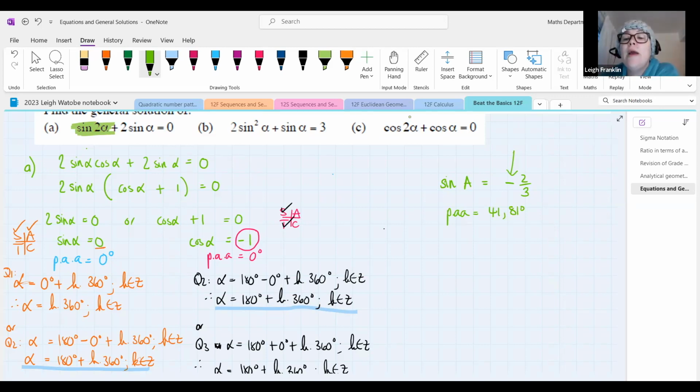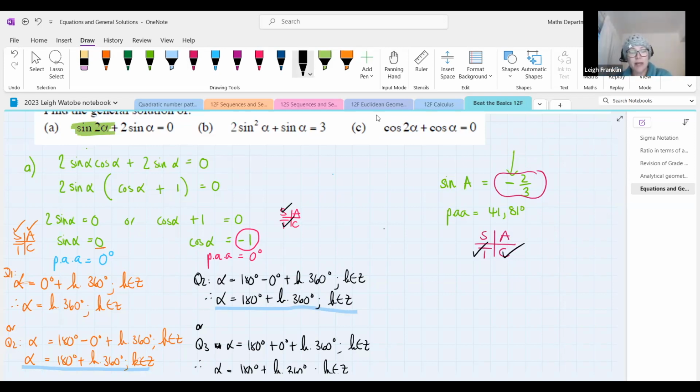The negative is there to tell you which quadrants to work in. So when you want to do your general solutions, looking at your CAST diagram, you say to yourself, my ratio is negative. In which two quadrants is sine A negative? In quadrants 3 and 4.